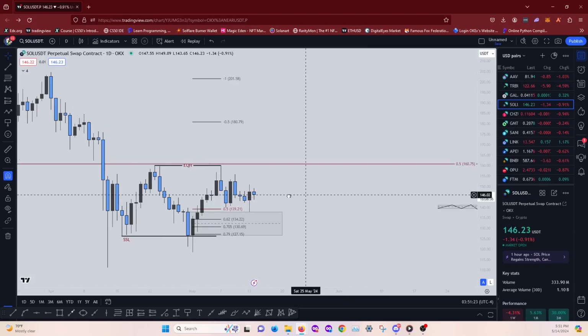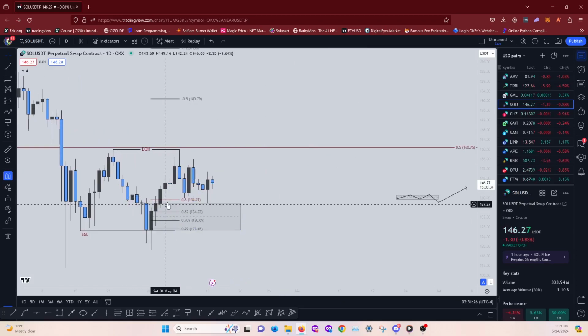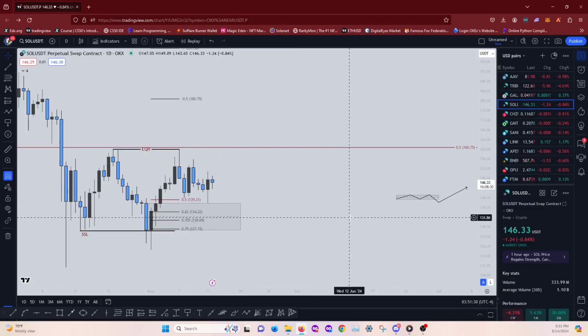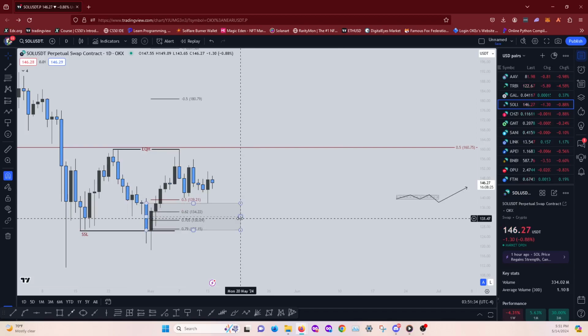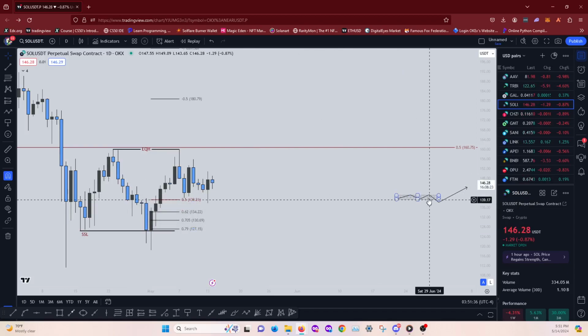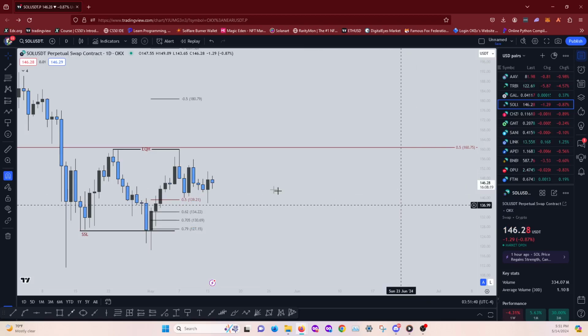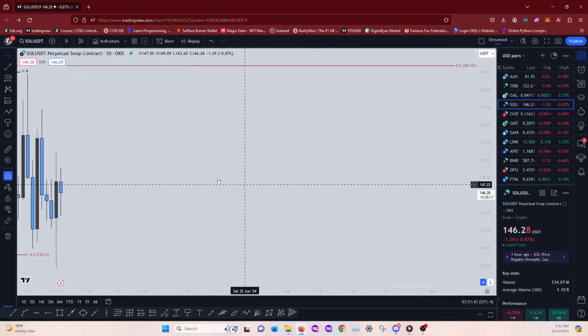From here you can see range discount is the 0.5 of the internal range, right? We hit underneath 139.21 and tapped that bullish order block. So what is a bullish order block, and how do you define it? It's a number of things.